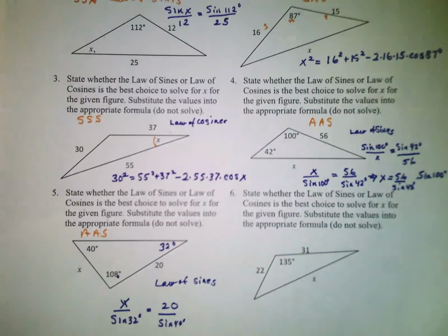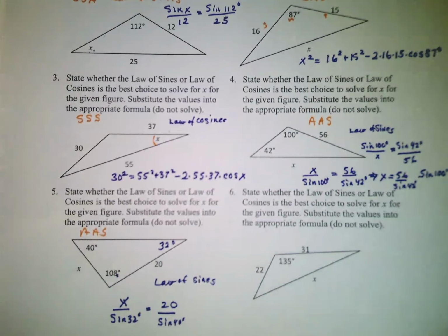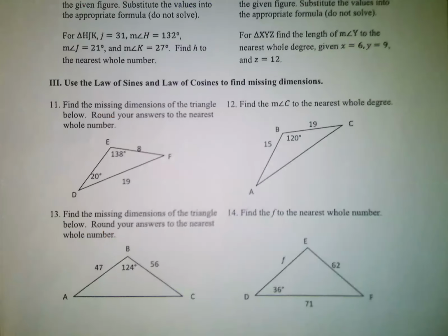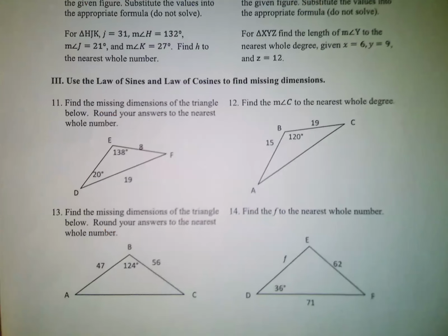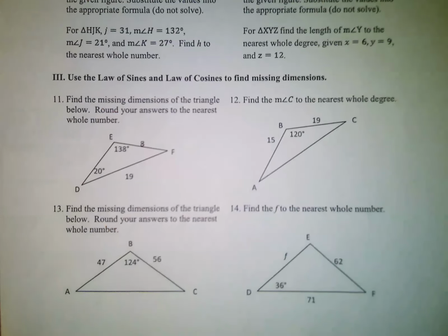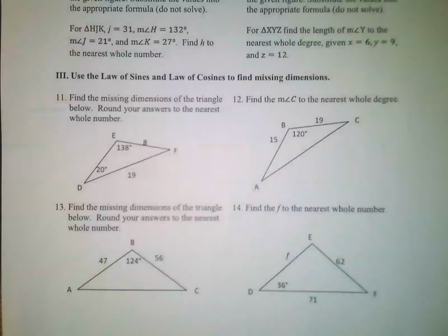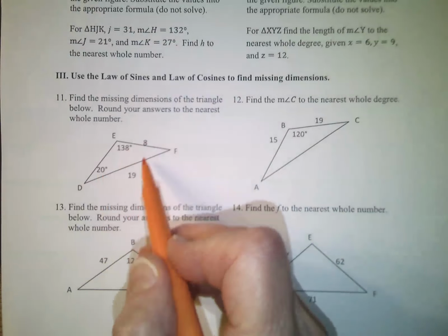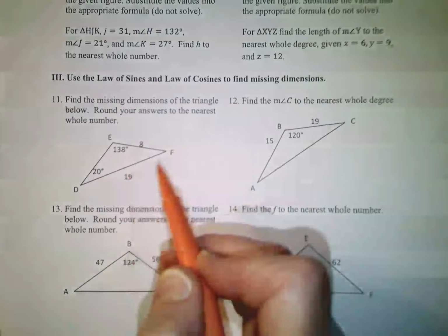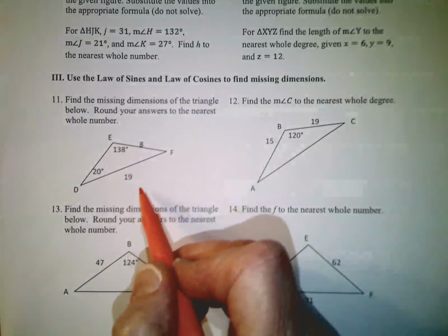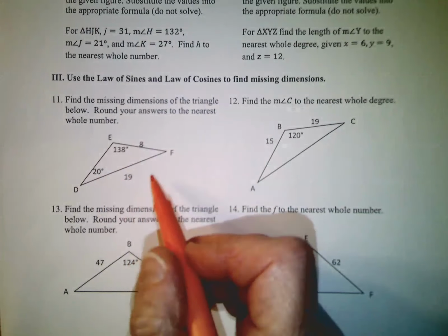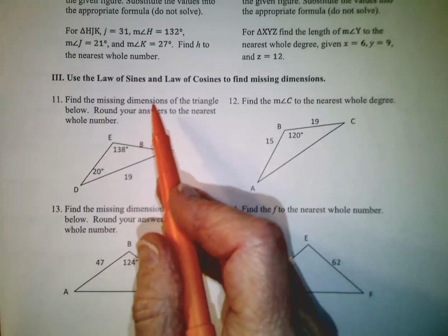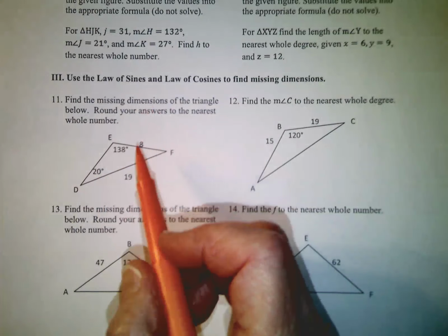If you'd please find the second sheet, which has on it in the middle Roman numeral 3. So for Roman numeral 3, they want us to actually go ahead and solve them. Okay. Well, they gave us an angle and an angle and a side and a side. So we're covered all over the place here. And they want us to find the dimensions and round the answers to the nearest whole number.